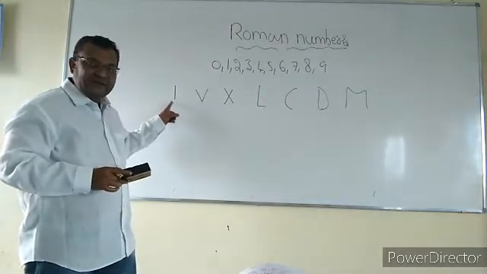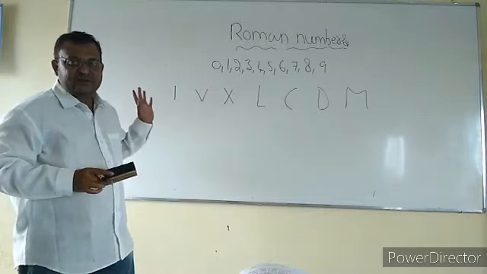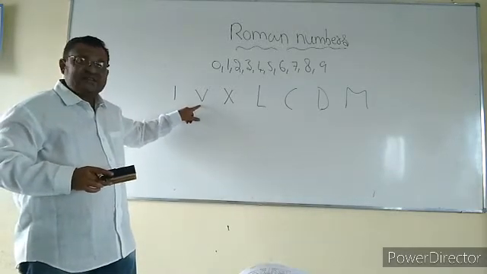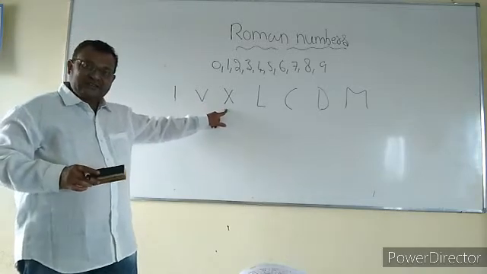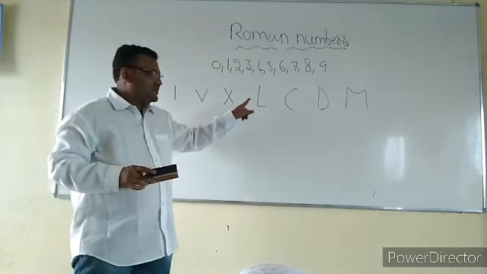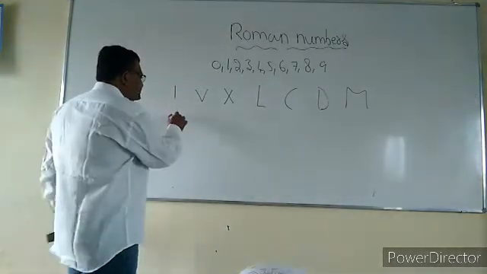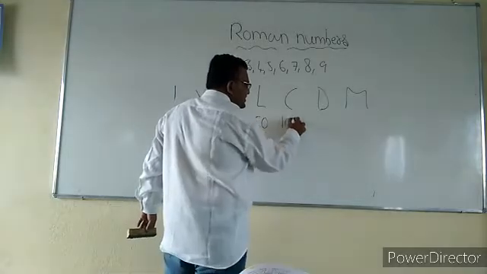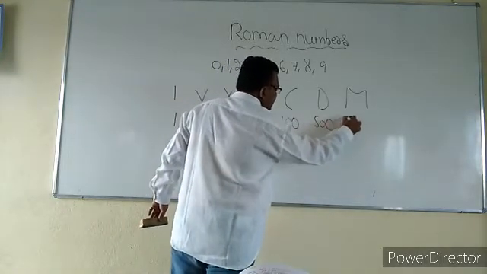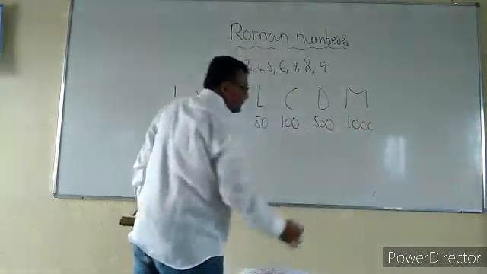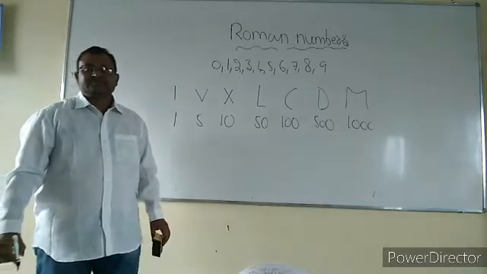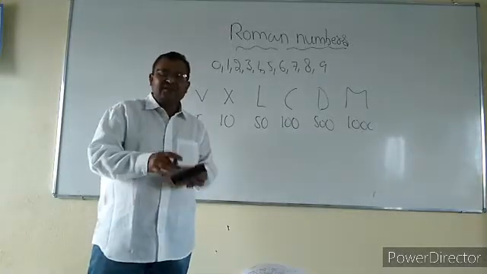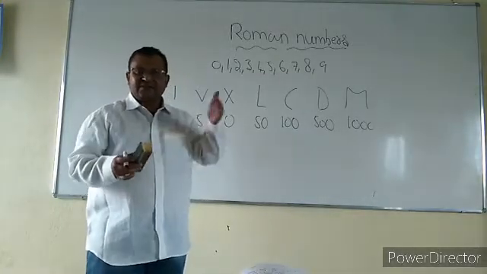I to represent 1, they used the same as what we are using. Next, to represent 5, they used this symbol V. To represent 10, the X symbol; for 50, L; for 100, C; for 500, D; for 1000, M. By using these 7 symbols only, they were writing numbers by using some rules.